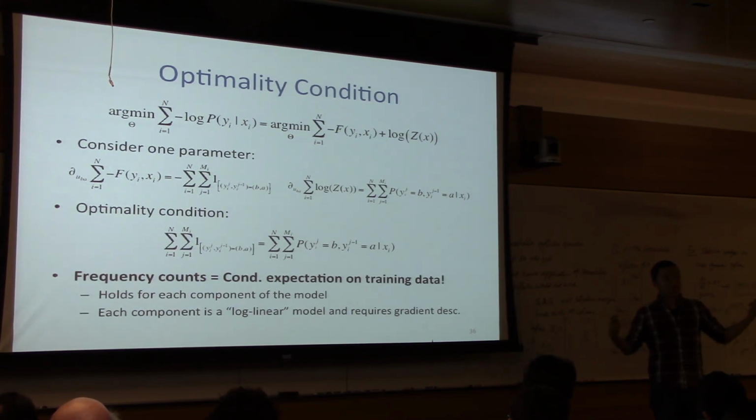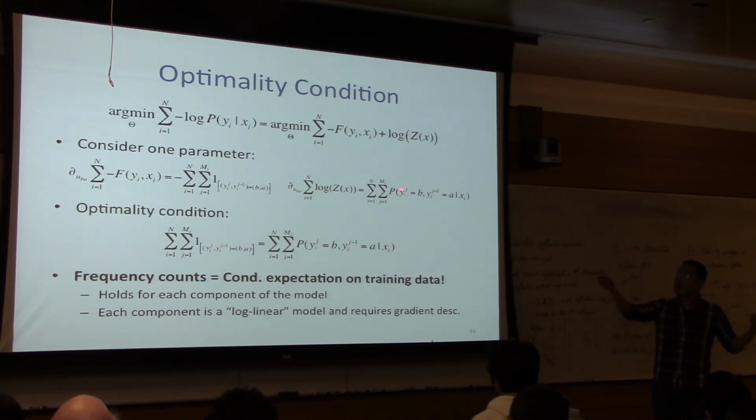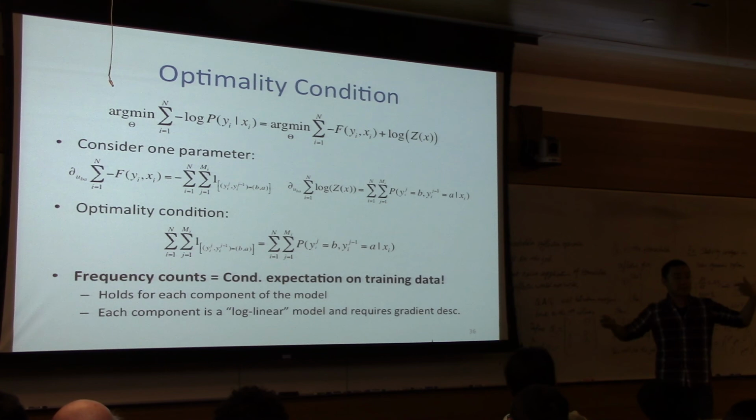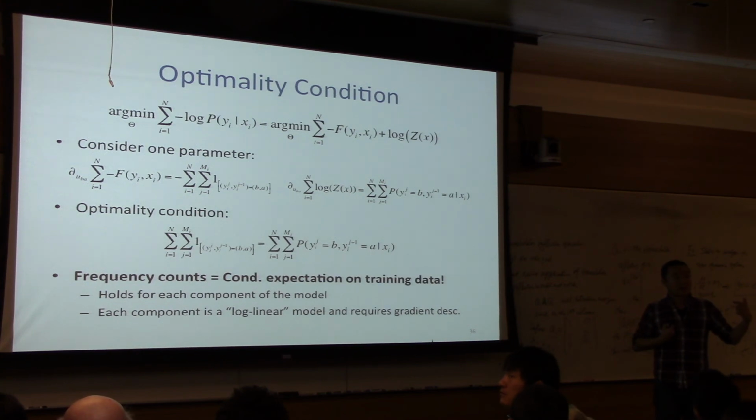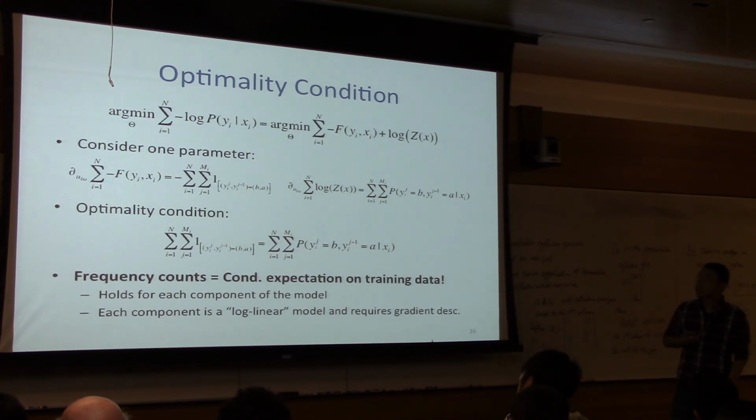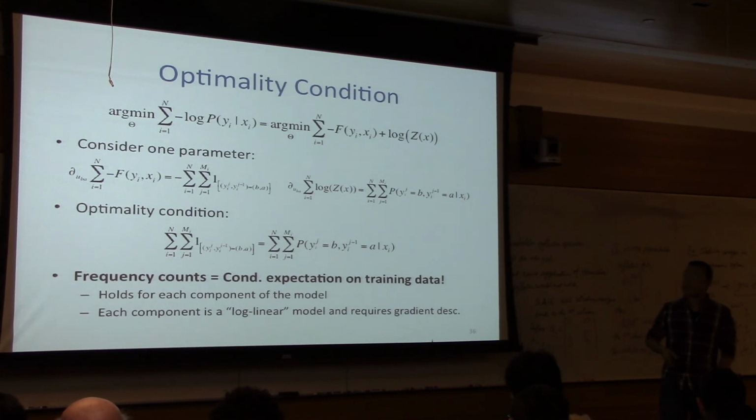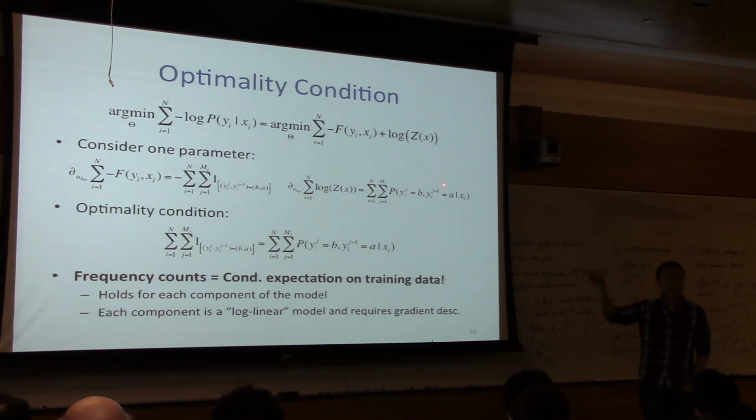You have to sum over all possible y's other than these two tokens, but you don't have an exponent of the sum. P is defined as the standard form, e to the f, and you just additionally sum over all the y's that are not the jth token and the j minus first token.